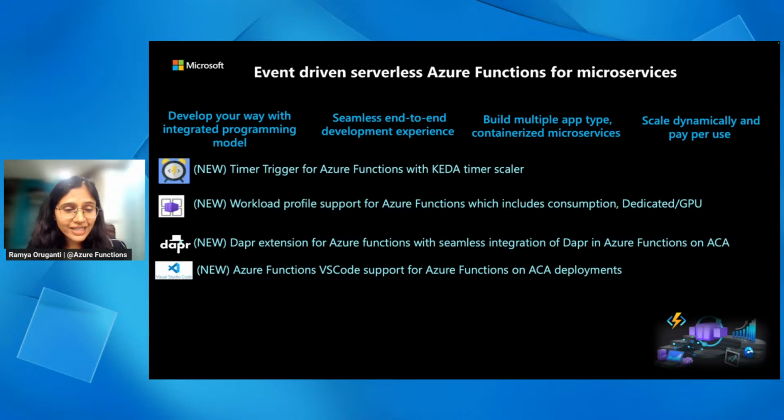This hosting allows developers to run functions alongside microservices, APIs, websites, workflows, or any programs hosted on containers. Or if customers have requirements to package custom libraries along with functions, they can do that, and these functions can be containerized and hosted as containers on this new hosting option called Azure Functions on Container Apps.